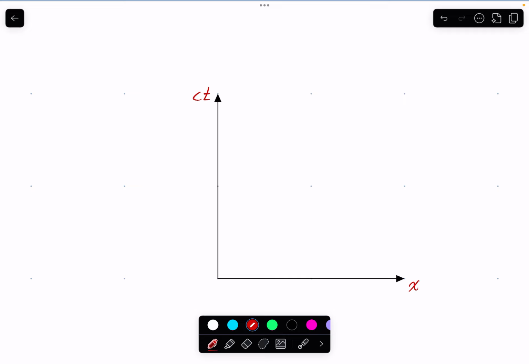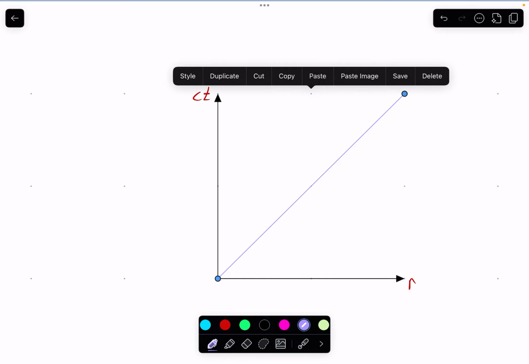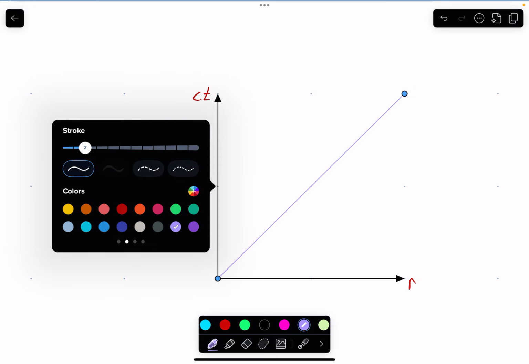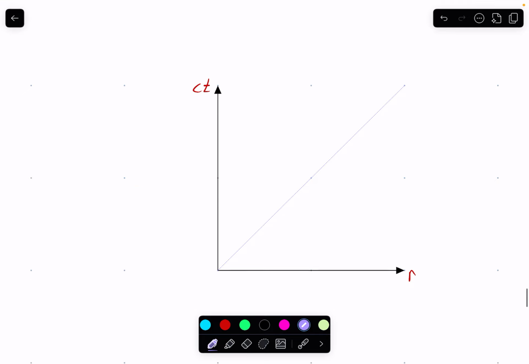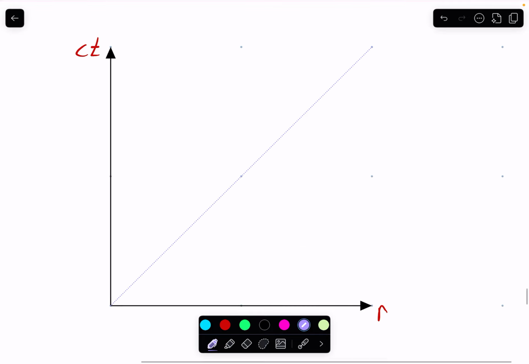This is space, or I'll call this R. And then you, of course, have the speed of light at a 45-degree angle, which I will put as a dotted line like this. So the magnitude of your velocity is equal to the speed of light here. Massless particles will travel along this line or at 45 degrees this way.